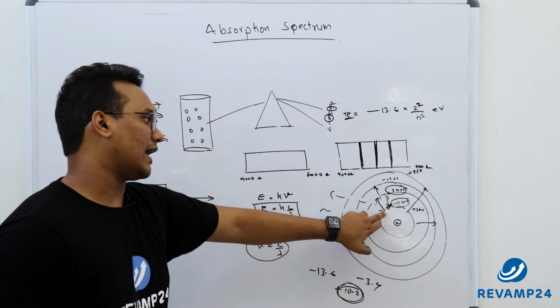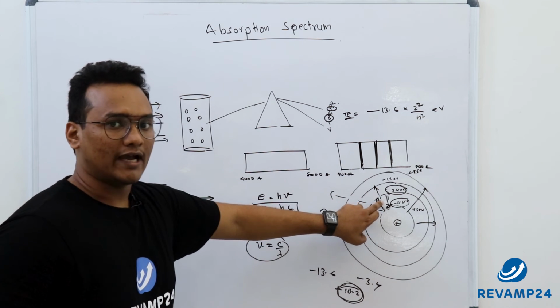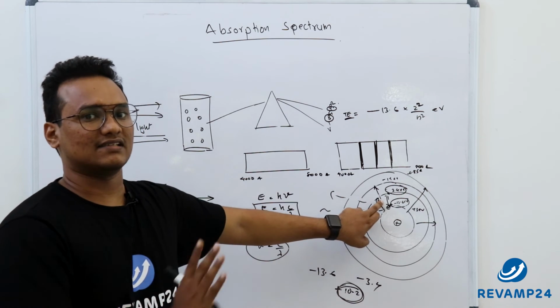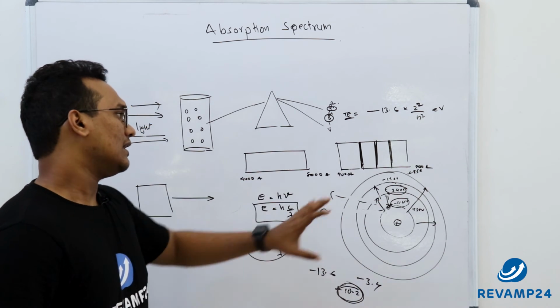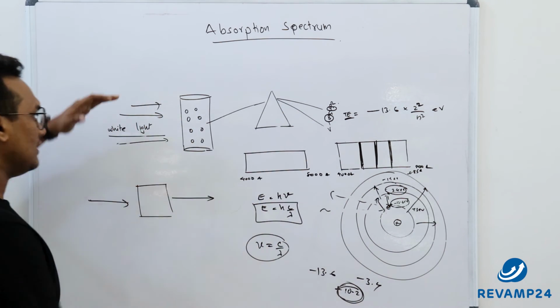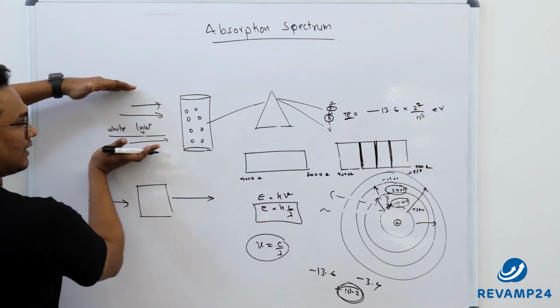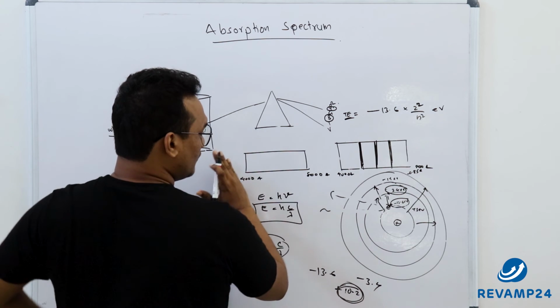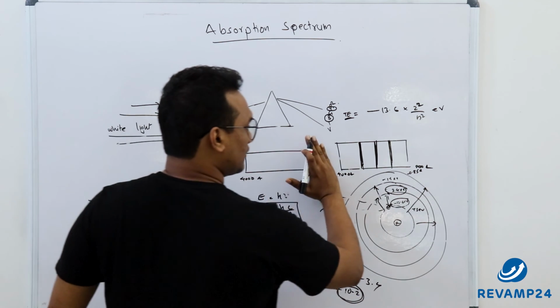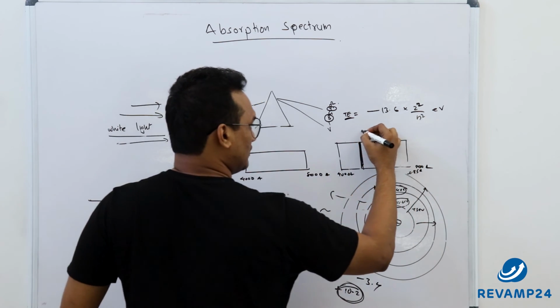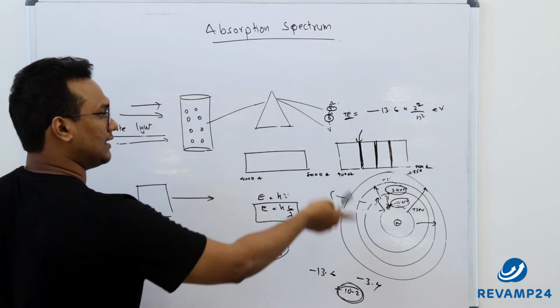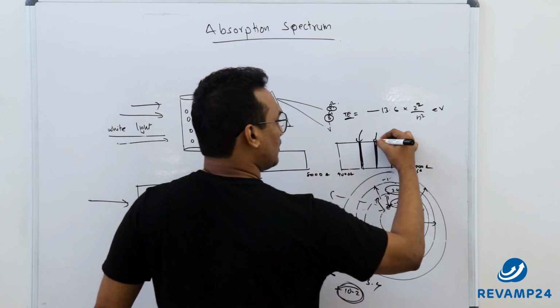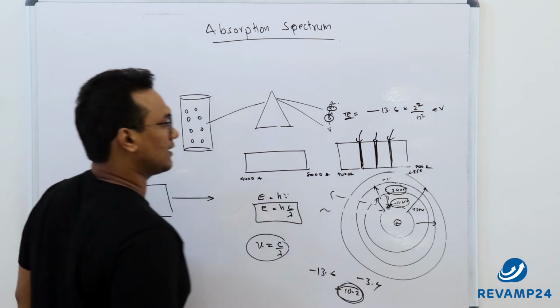Other colors could go to an orbit, but that orbit does not exist, so they won't be accepted. These are absorption spectra. We give a light, and out of that something is missing. This was the white light we gave, with all the wavelengths, and some wavelengths are missing. Accepting this wavelength, it has undergone an excitation. This one, another excitation. This one, another excitation.